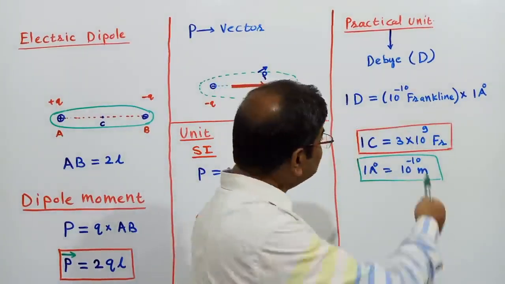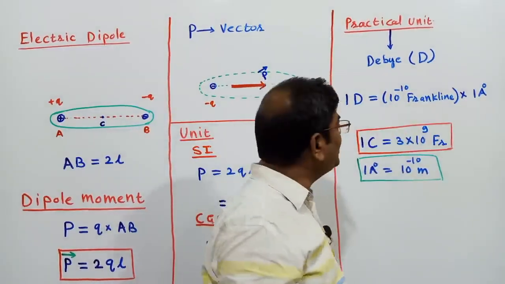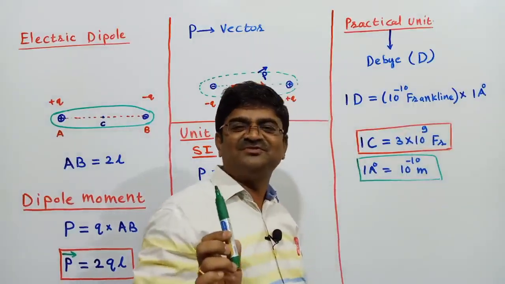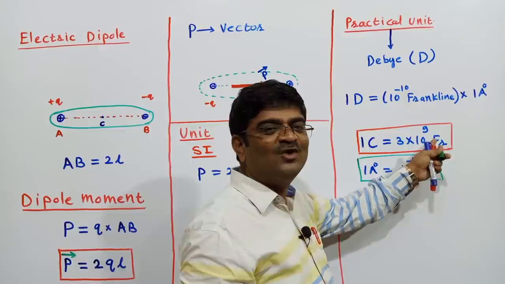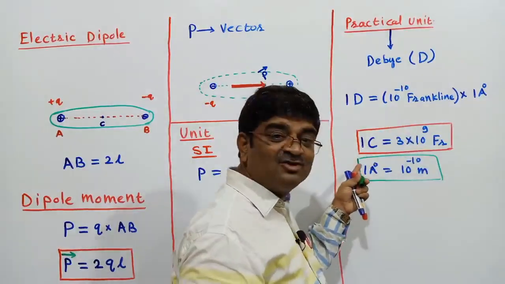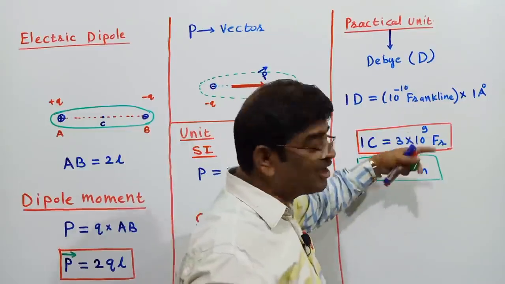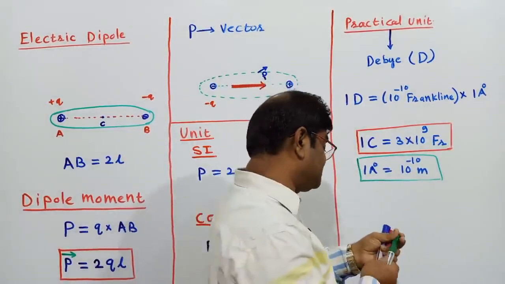Okay, so I'll substitute. 1 Franklin is equal to 1 by 3 into 10 to the power 9 coulomb, and 1 angstrom unit is this much. Let me substitute that.